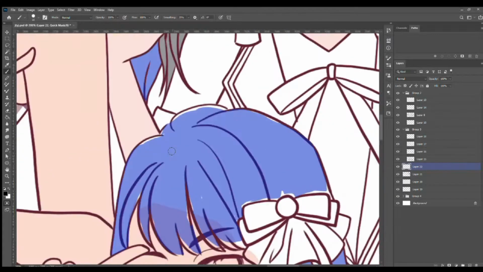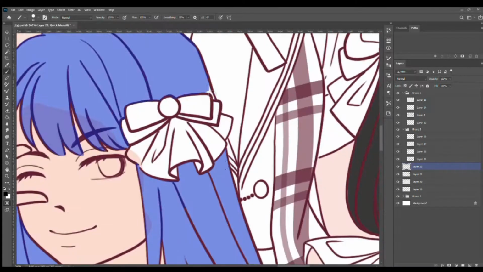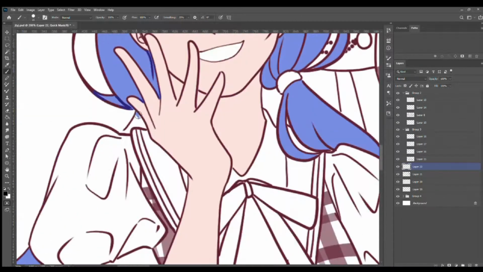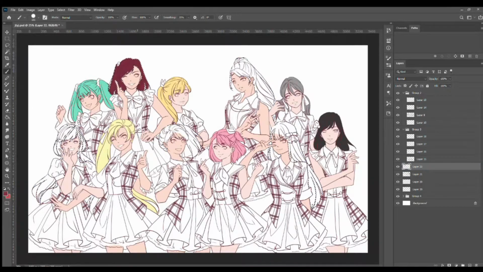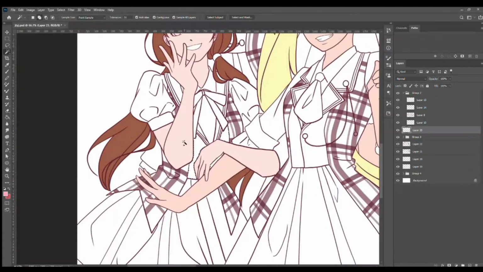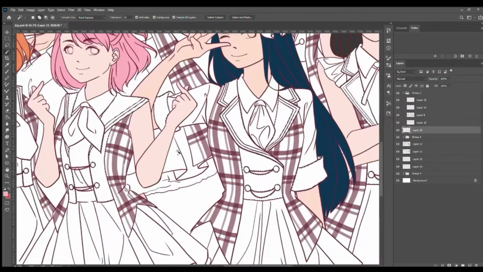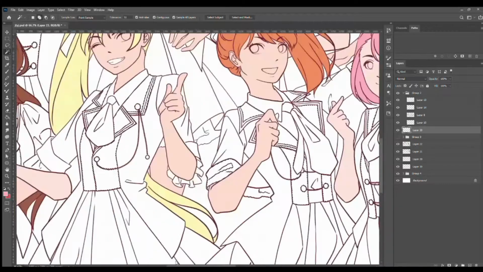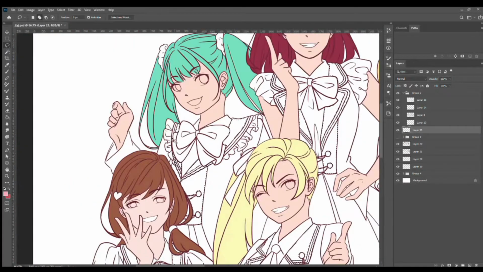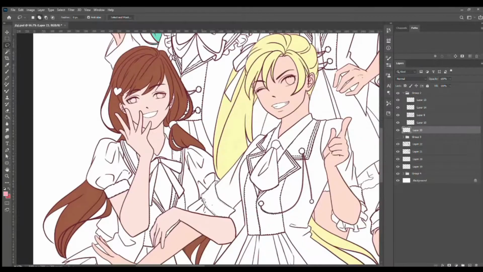Also, to make diverse expressions, you have to use different kinds of eyes and blend them with the eyebrows. There are different kinds of eyes. There are droopy, normal, cat-like, and squinted ones. So for example, Micah, the black-haired girl at the right.